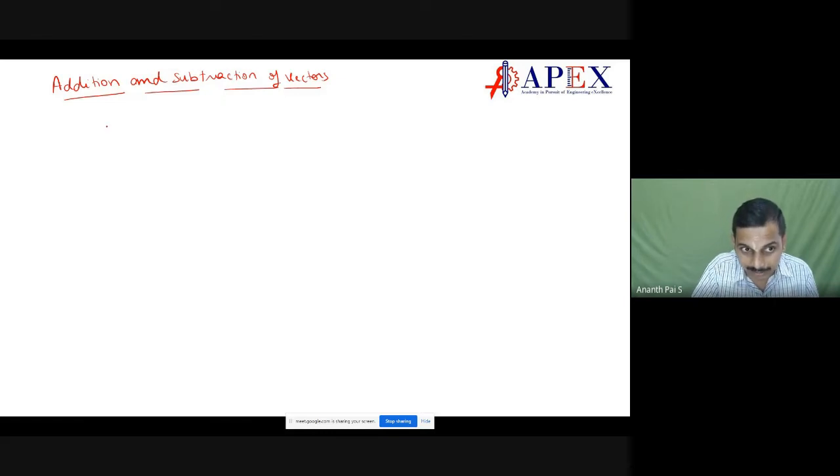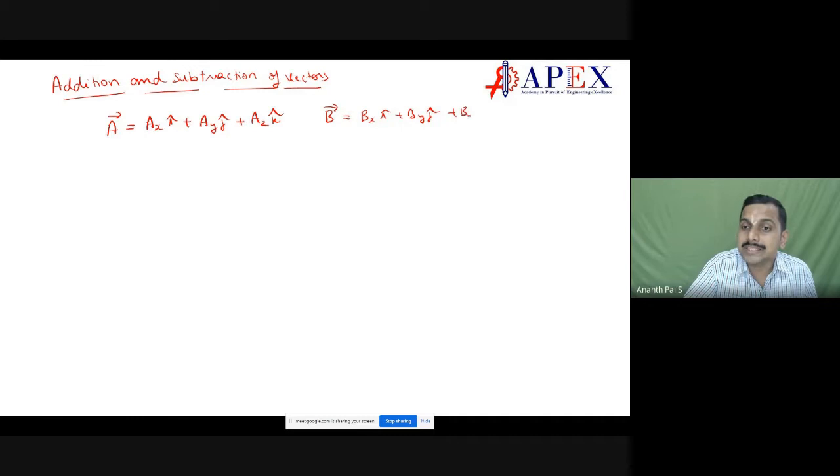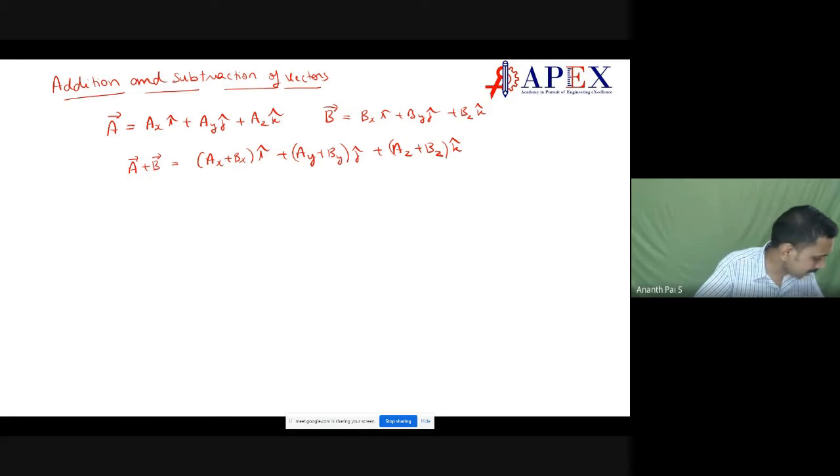If I have a vector A equal to AX i plus AY j plus AZ k, and B equal to BX i plus BY j plus BZ k, this can be simply added as A plus B equal to (AX plus BX) i plus (AY plus BY) j plus (AZ plus BZ) k. Very simple. We can add it this fashion. Okay. Then there is another way.